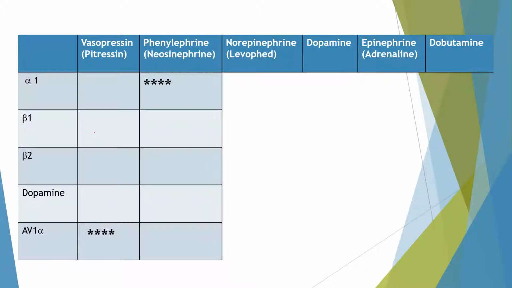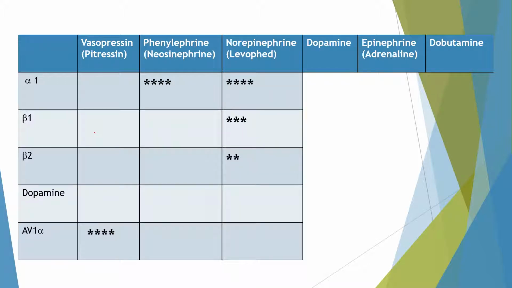Phenylephrine, also known as neosynephrine or NEO, as you'll hear in the ICU, affects purely alpha-1. Norepinephrine, or Levophed, or Levo, affects alpha-1, beta-1, and beta-2. But as you can see here, it affects alpha-1 much more than beta-1, which is more than beta-2.